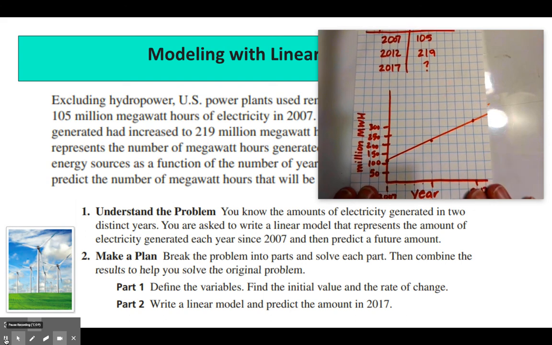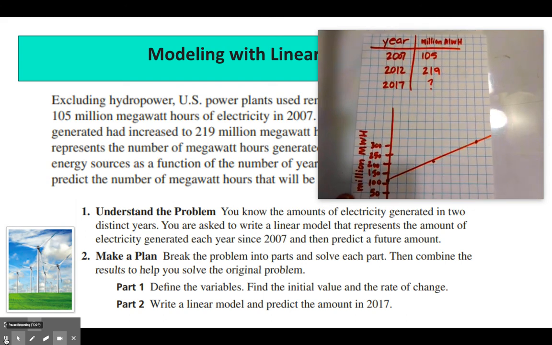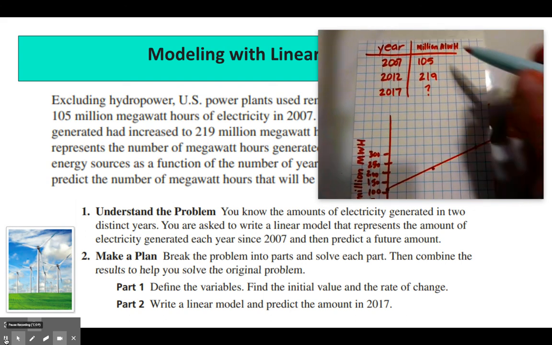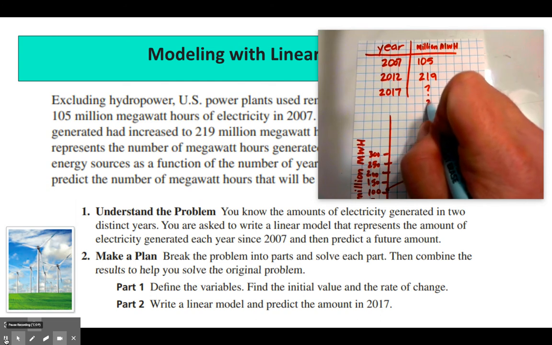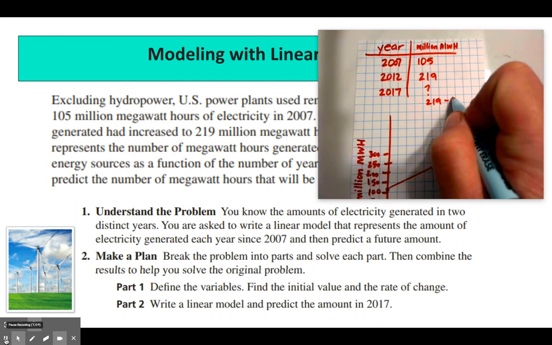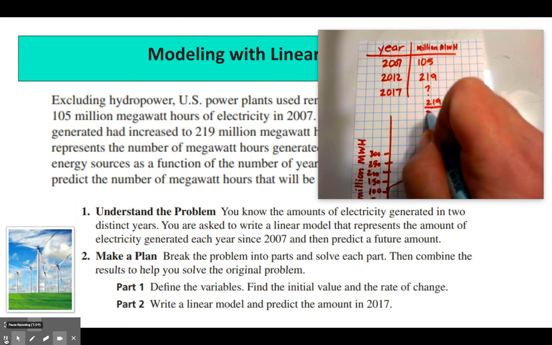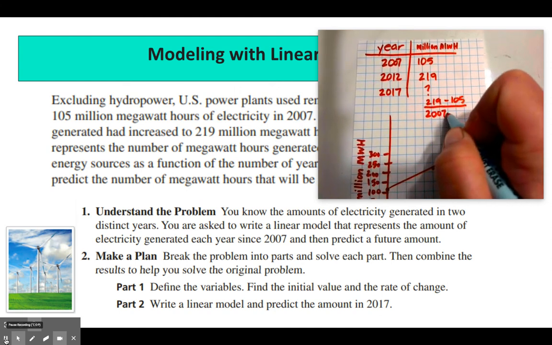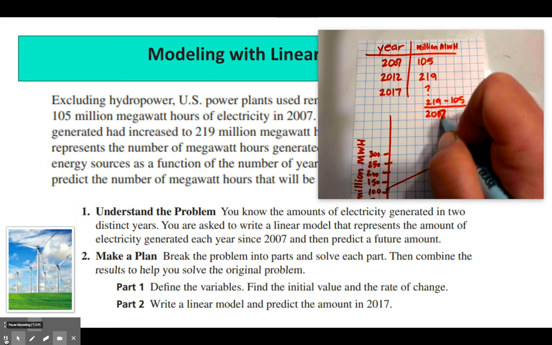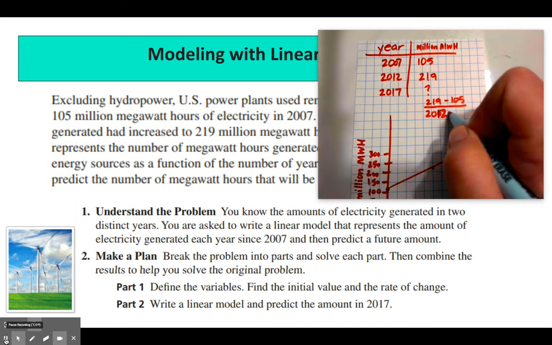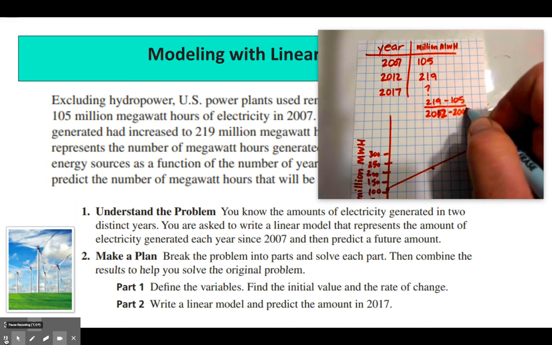Now, if we were to look at this data, we could figure out our rate of change. So we would say 219 minus 105 over 2012, keep my y2 straight, minus 2007.